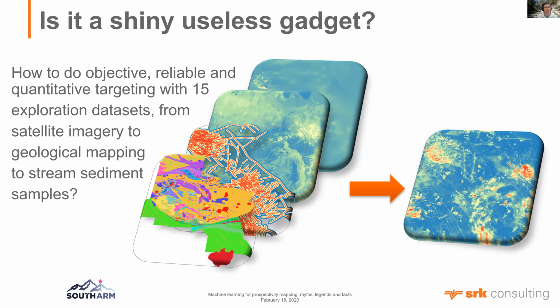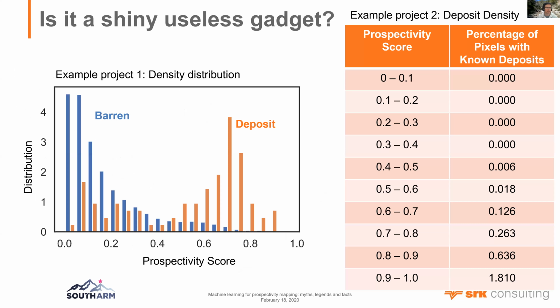And good evidence that this is not just a shiny, useless gadget is just looking at the numbers. You see on the left, the diagram shows the result of a prospectivity mapping exercise for one project, and you have the density distribution of the ground in blue, which has no known deposits, and in orange, the ground which has known deposits.